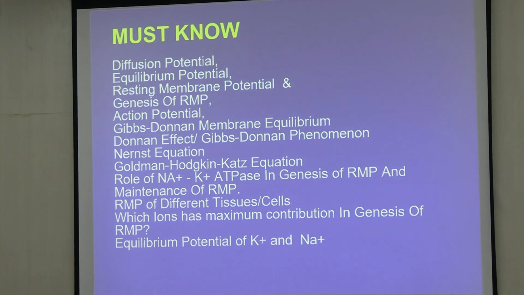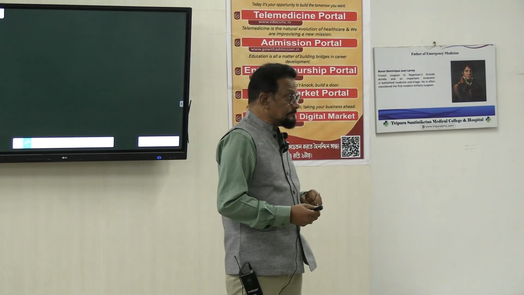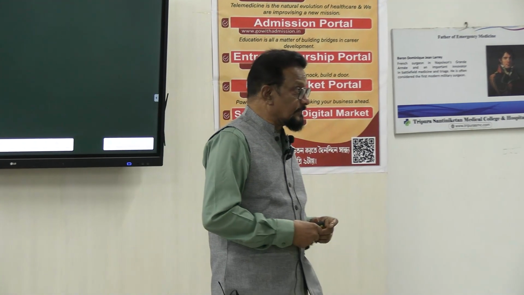RMP, resting membrane potential, is not the same or identical in all tissues. It varies in epithelial tissue, in RBC, in muscular tissue, in cardiac muscle, in nerves.